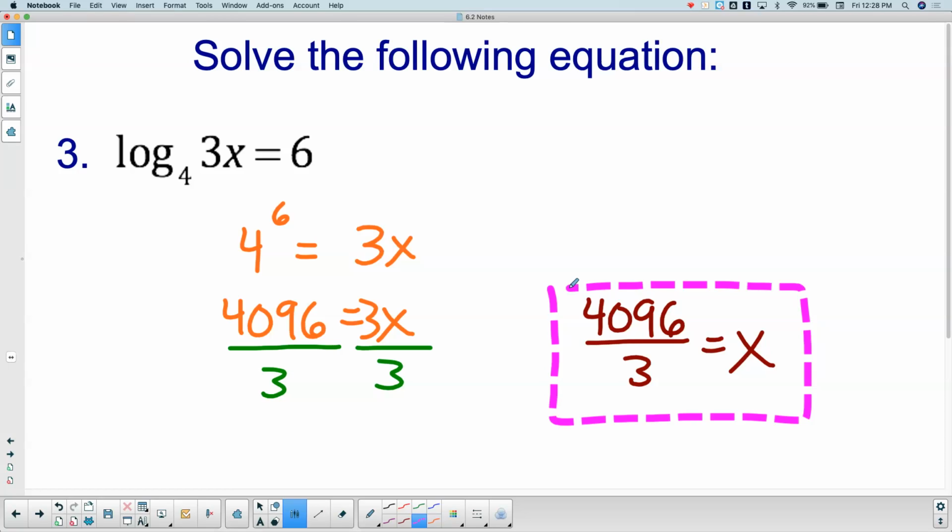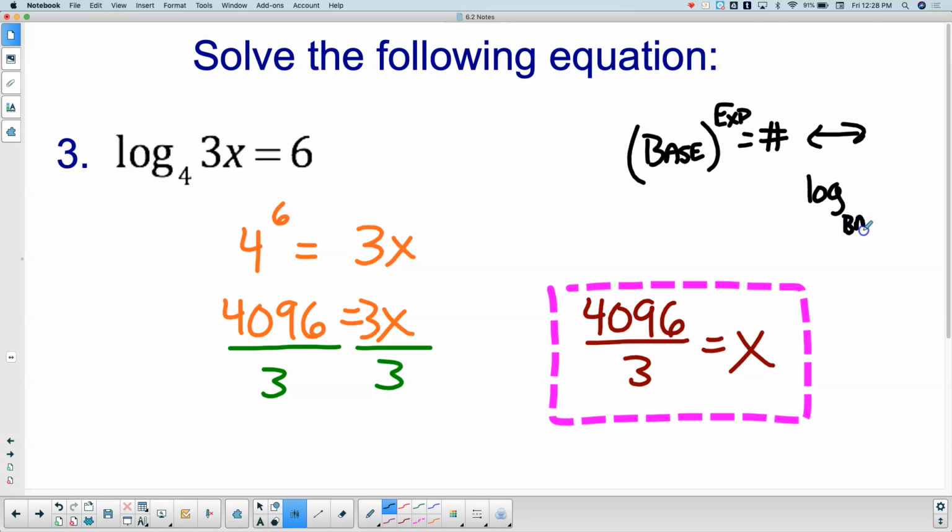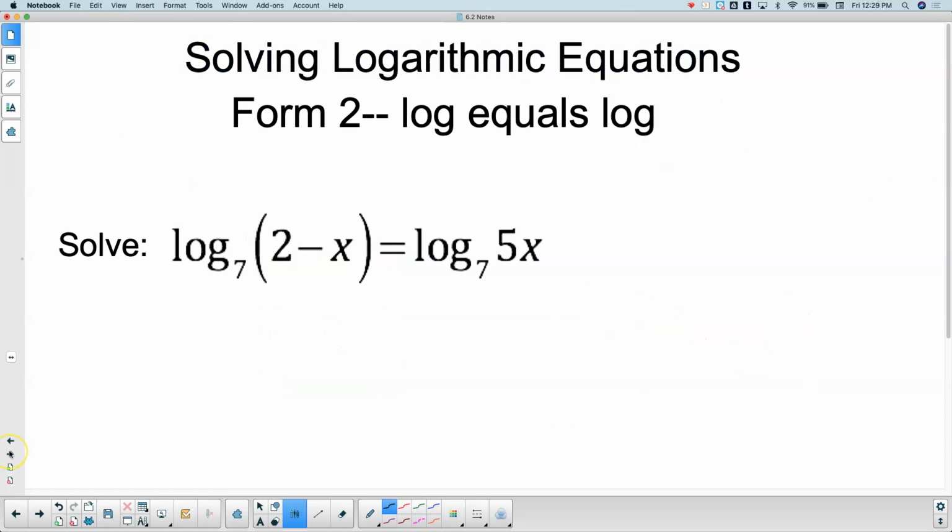Now, had you been able to watch your It's Learning last night, we had the second form of logarithmic equations, which is when you've got log equals log.